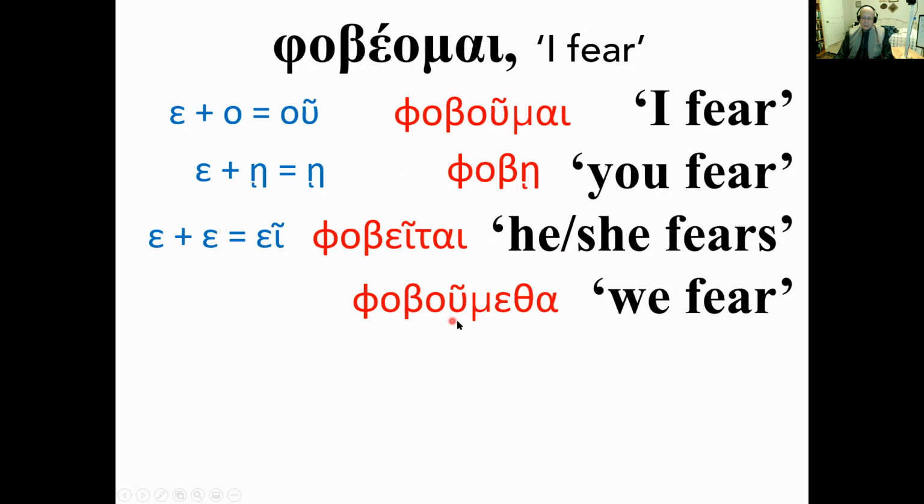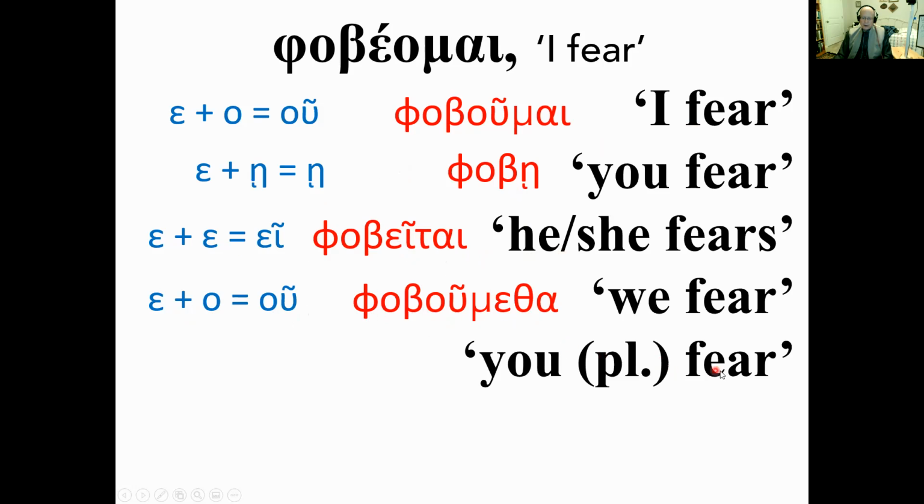We fear phobumetha. Why? Because epsilon and omicron become u, phobumetha, instead of phobeometha. You plural fear phobesthe, because epsilon and epsilon together make eta with a circumflex accent.